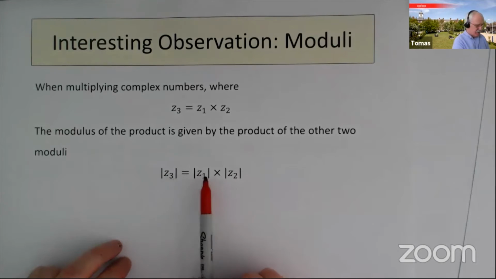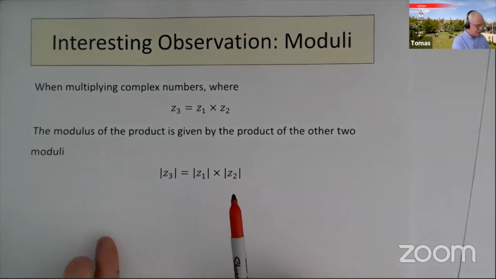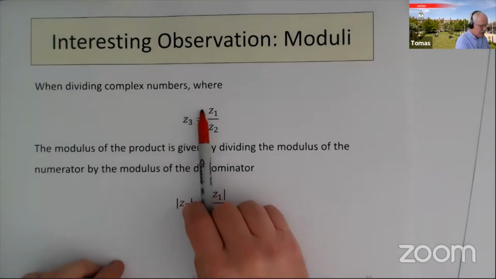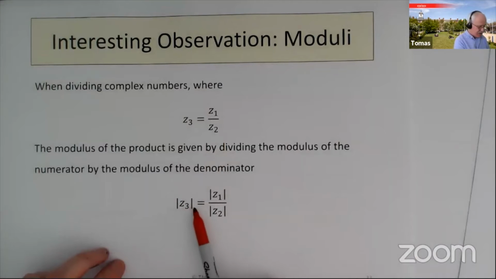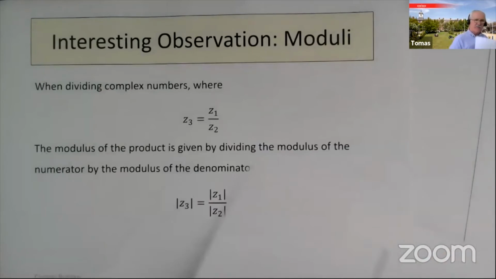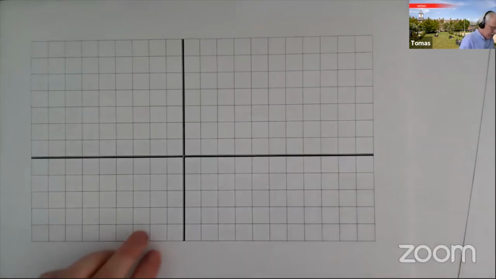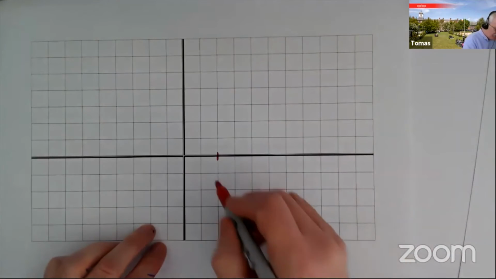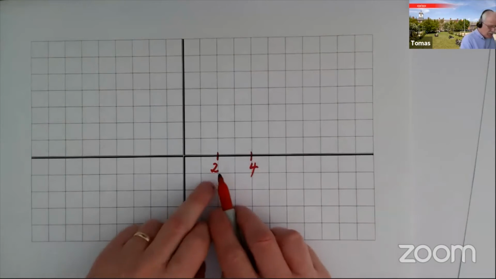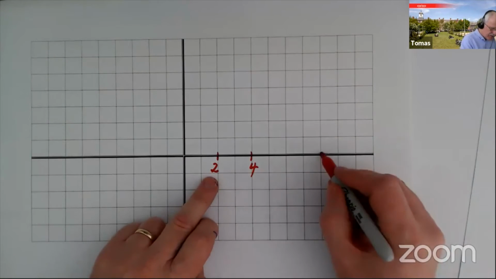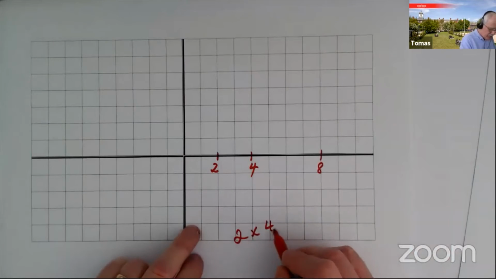And the same when you're dividing complex numbers, Z1 over Z2: the physical distance of the third one is the physical distance of the first divided by the physical distance of the second. And in a way, that's very comforting, because if you imagine, say, real numbers, if that was the number 2 and this was the number 4, 2 times 4 would be 8. So 2 times 4 is 8.